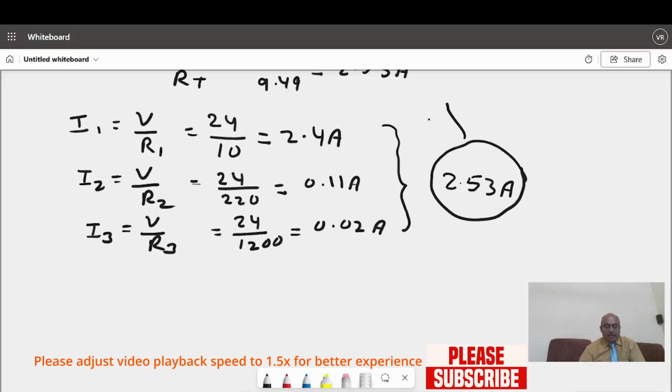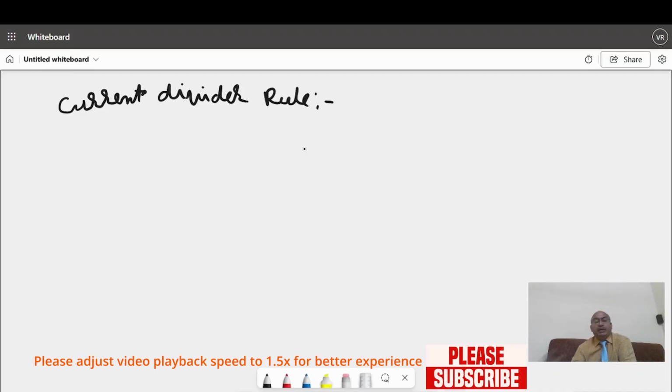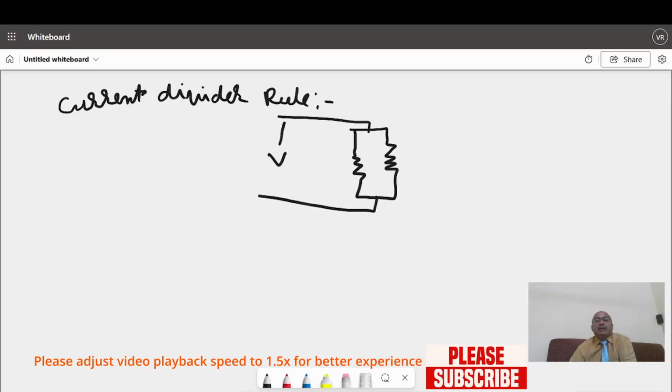Before series parallel, I am going to explain the current divider method. In the previous case, it was the voltage divider rule, with only two resistances connected in series. But here two resistors are connected in parallel. The current I is flowing; this is the total current.